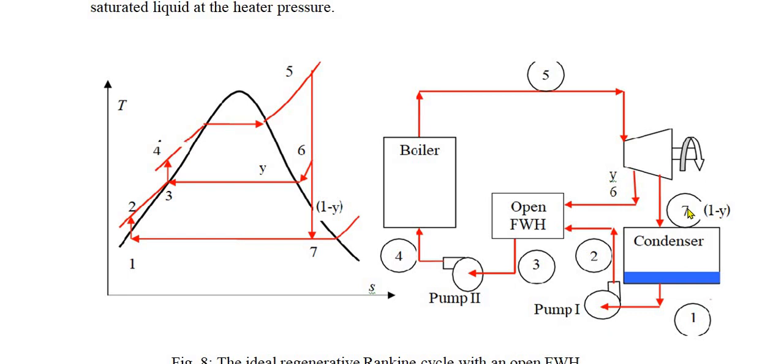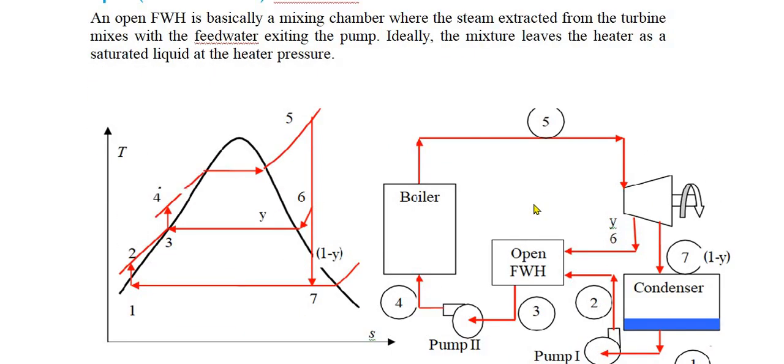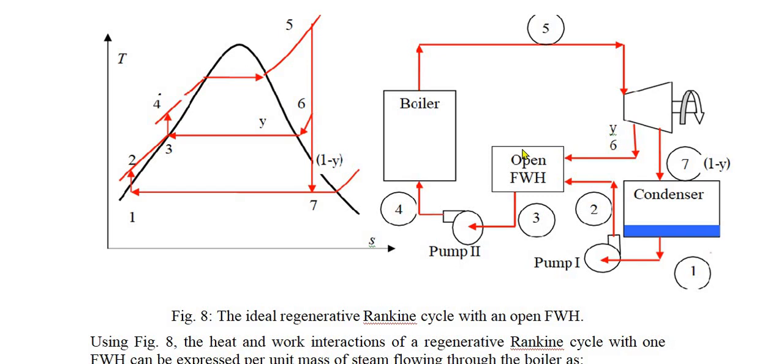This 1 minus y kg of steam, after expanding completely in the turbine, is passed through the condenser, thereby it gets condensed, and this condensed liquid we mix with the y kg of steam trapped from the turbine after partial expansion. That's why we call it direct contact. The other name is open type feed water heater or direct contact feed heater.